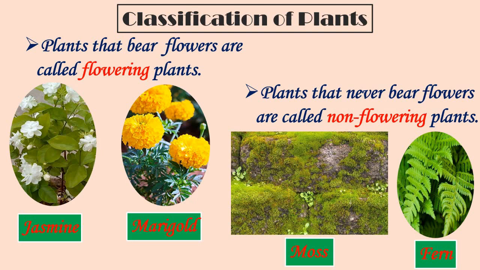For example, jasmine, marigold, etc. And the plants that never bear flowers are called non-flowering plants. For example, fern and moss. Students, you might have seen a green soft layer of cotton-like bodies on the wall, mainly in the rainy season. That is nothing but the moss.